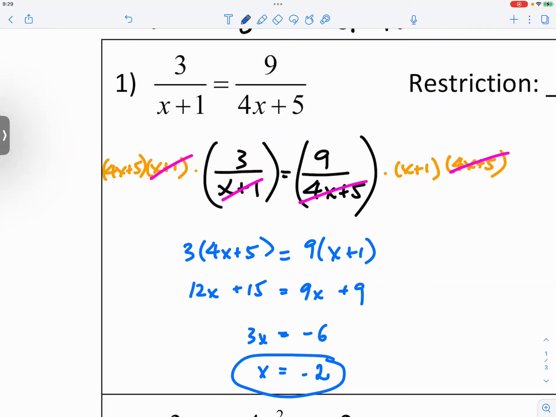Okay, so if you put the -2 back in the first fraction there, you would get 3 over -1, which is -3. And if you put the -2 into the second fraction, you get 9 over -3, which is again -3. So that's how you get a true statement.